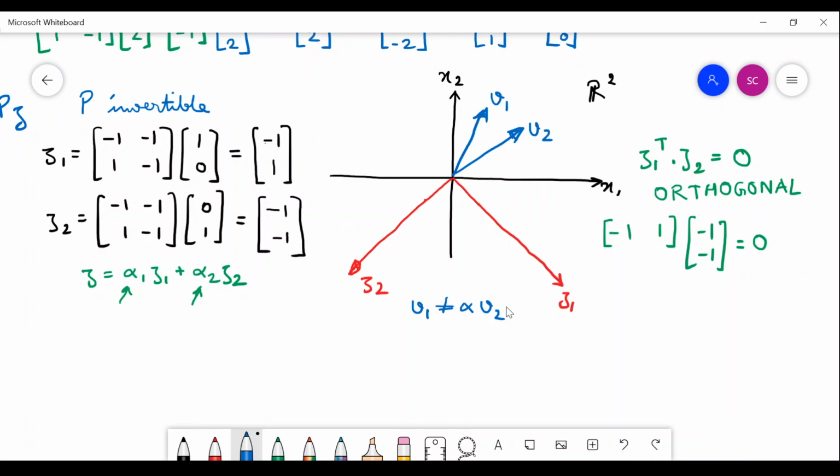The concept requires some detailed understanding when we are talking about independence of more than two vectors. So suppose I have a third vector v3 here. Then I can ask you the question whether v3 is independent of v1 and v2.